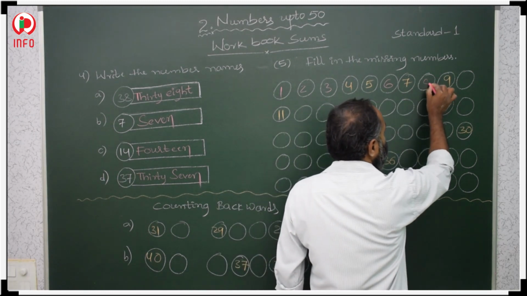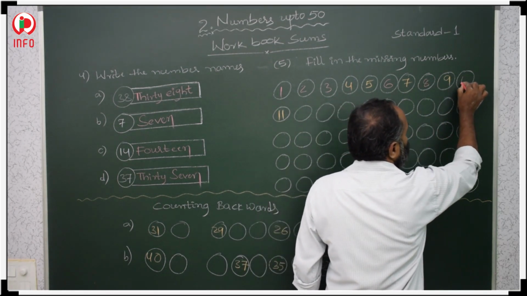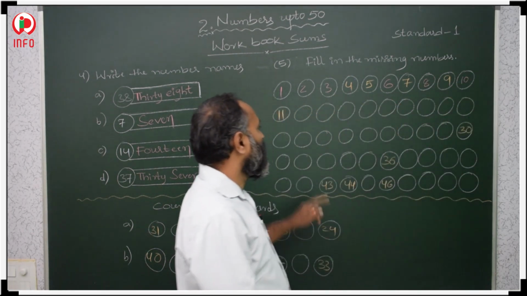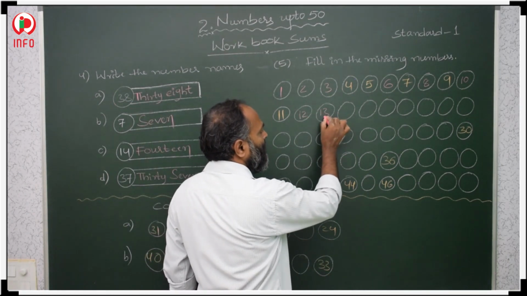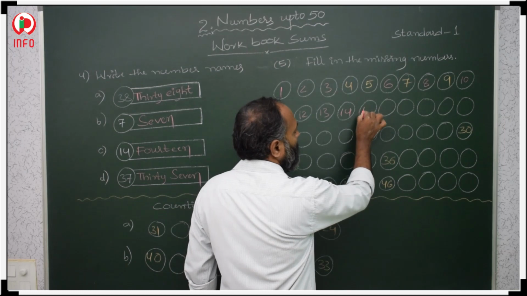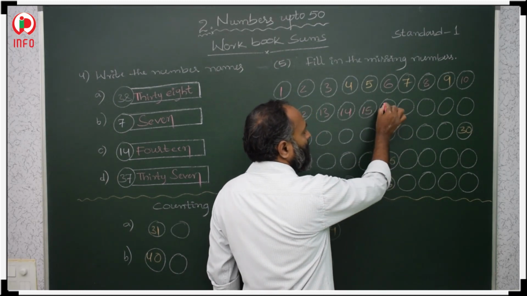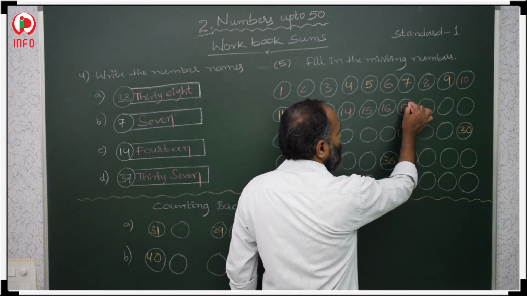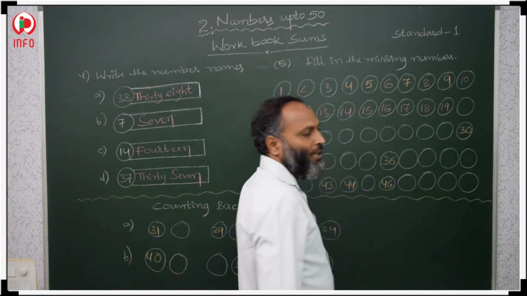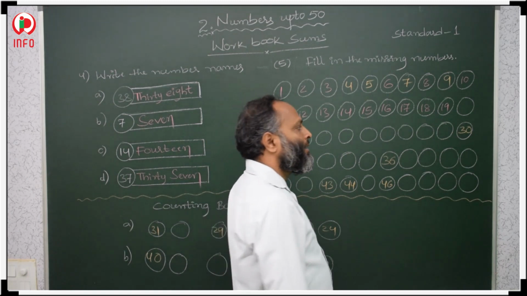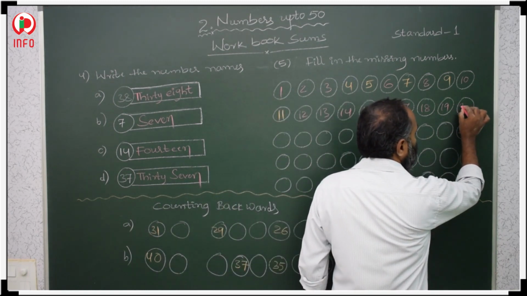Now the missing is 8, 9 is given, then 10 is missing, 11 is given, then 12, 13, 14, 15, 16, 17, 18, 19, after 19, 20.